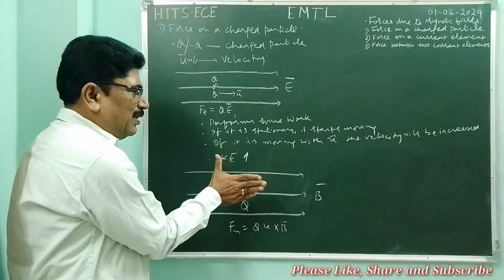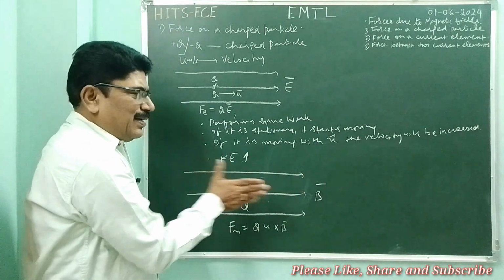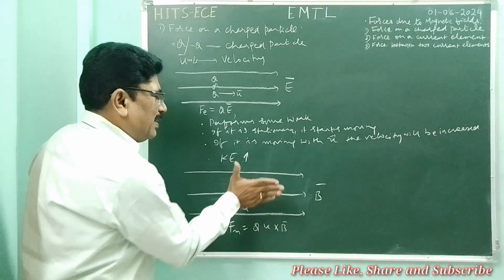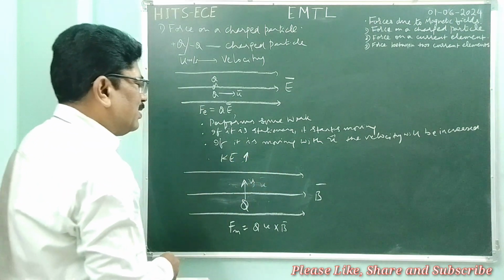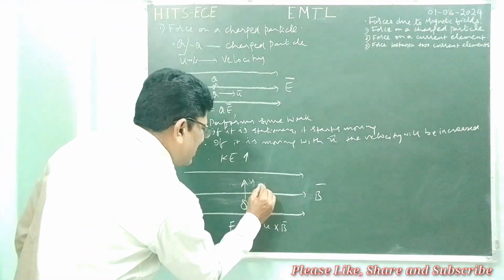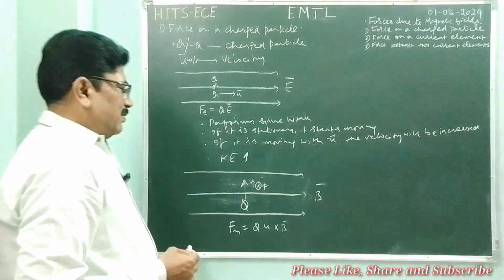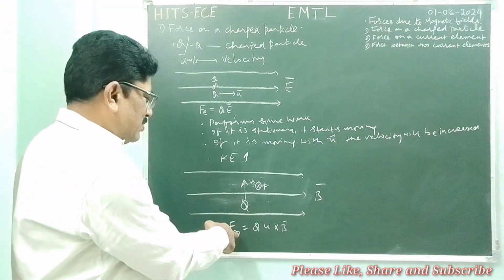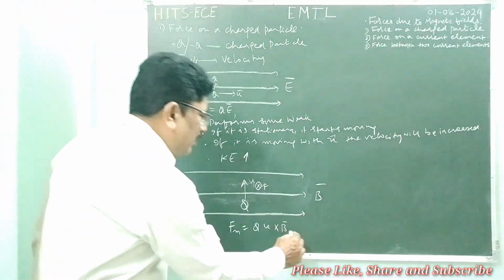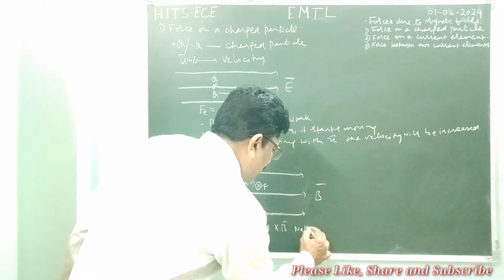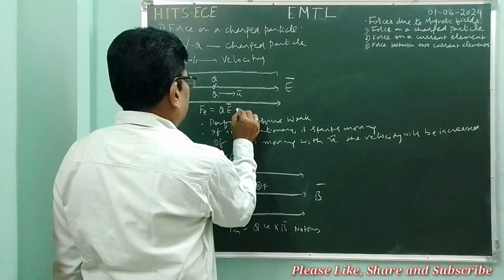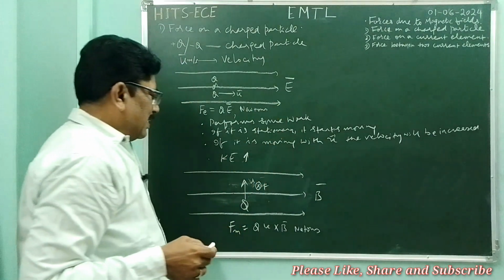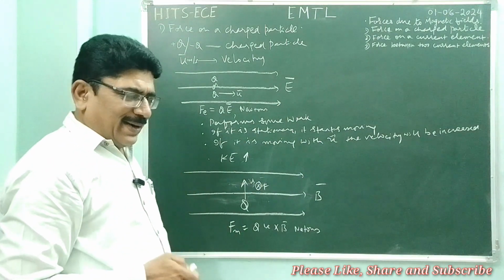Charge is moving upward, so this palm shows the direction of the force. Force will be inside the board, shown by the into symbol. So that magnetic force is equal to Q into u cross B, in newtons.